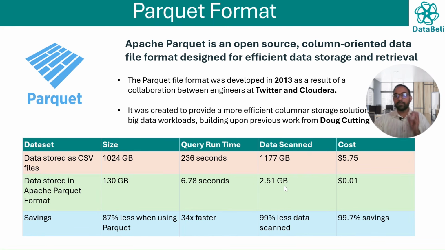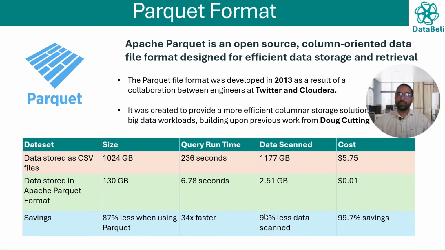But Parquet was able to read in a very efficient manner, and it read only the data which was required from within those files. And this time the data read was only 2.5 GB for the same requirement. So it had to read 99% less data as compared to CSV. So that's how efficient it became.